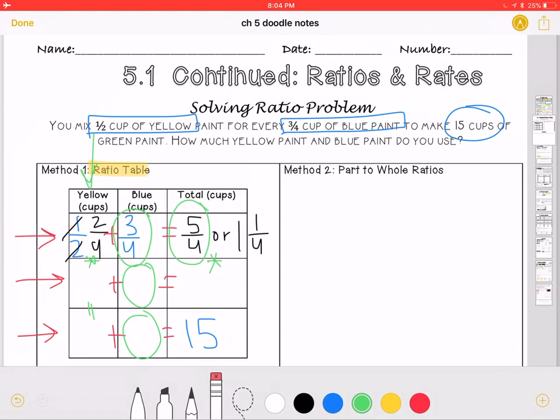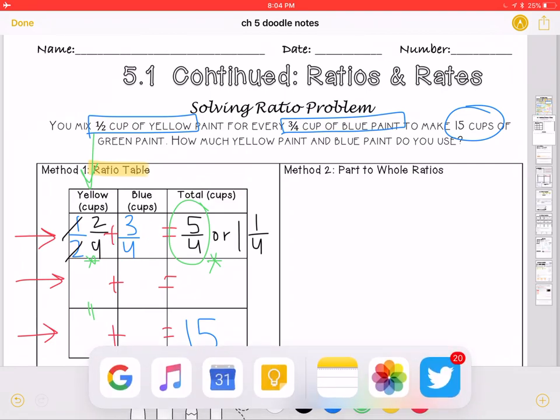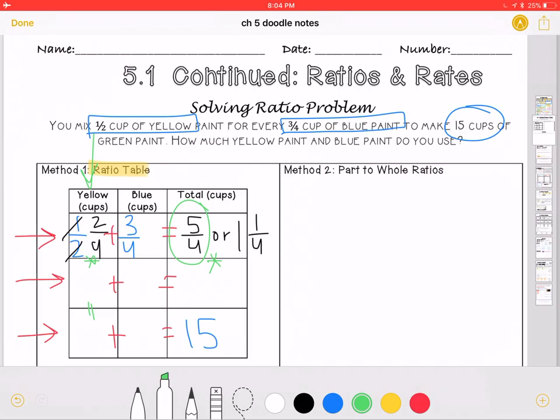So knowing that, we can figure out what that middle number is. Because I know that I have to multiply something by 5/4 to get 15. So if I'm trying to figure out what I would multiply, let's divide 15 by 5/4, and that's going to give you that middle number.